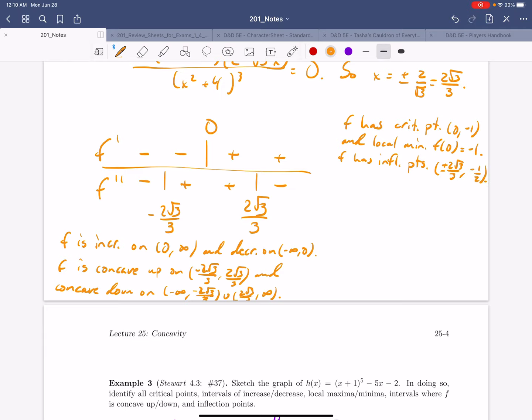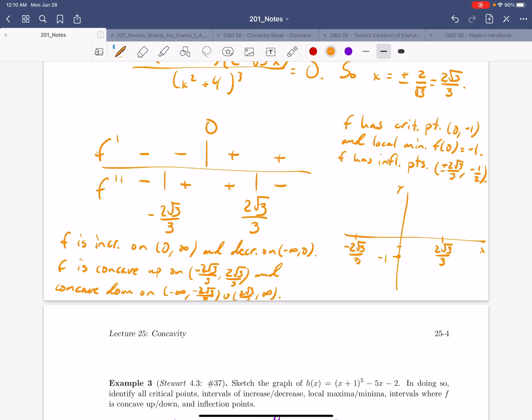Okay. So your graph, as best we can sketch it, is going to look something like this. We know that 0, negative 1 is a minimum. You might think we're doing something like this. Actually, we do know that we also have these points.